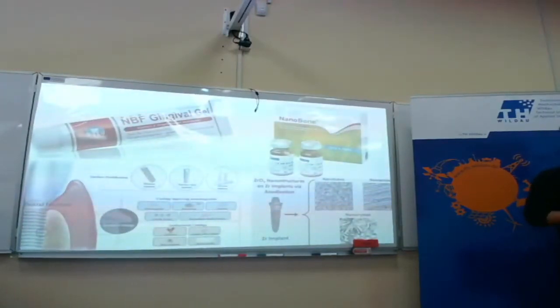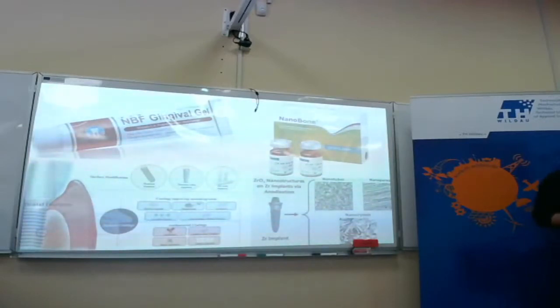The next slide also represents other materials that are widely used in dentistry, for example, for implantation. Dental implants, all of them, have a nanocoating, and it also depends on the manufacturer.